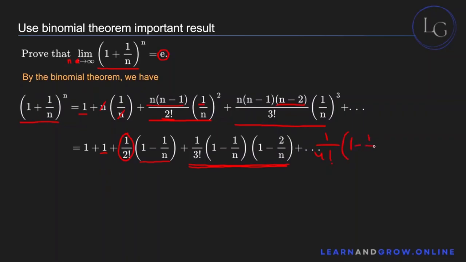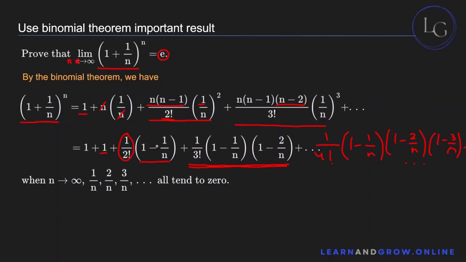And so forth, right? You get the gist. Now, when you apply the limit as n approaches infinity on the 1 by n terms or the 2 by n terms, like this term over here and this term over here, any term with n in the denominator, right?